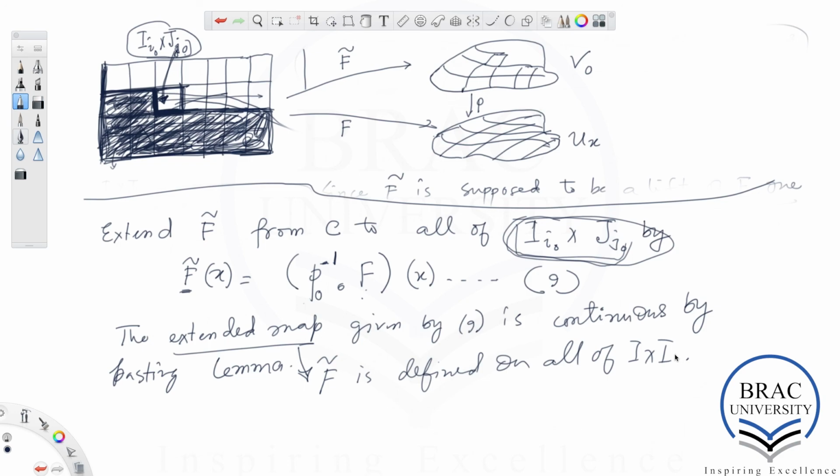So let me take a break here. I'll prove the uniqueness of this extended continuous map f tilde on the whole of I cross I, what we just did, and we are going to show that this is a unique map in the next segment. Thank you for attending this second segment.